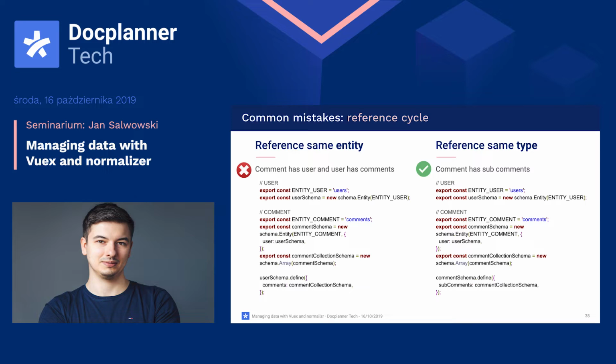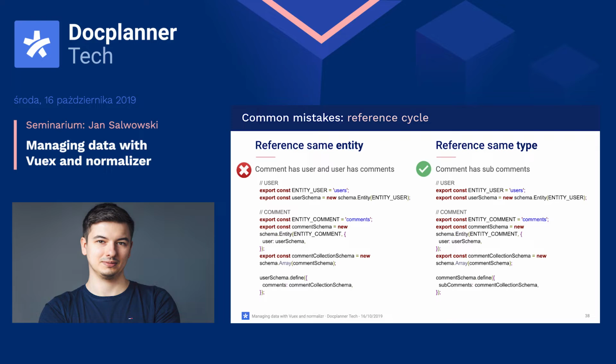Normal thing in backend applications, but here, not really a good idea, because your normalization may not work correctly, and denormalization will definitely not work correctly. To solve this problem, you can either just set the IDs of comments on the user, or vice versa, and not put it in the schema.